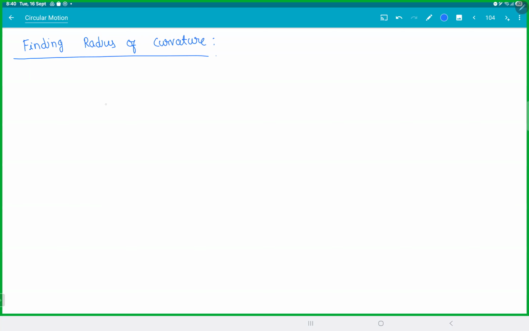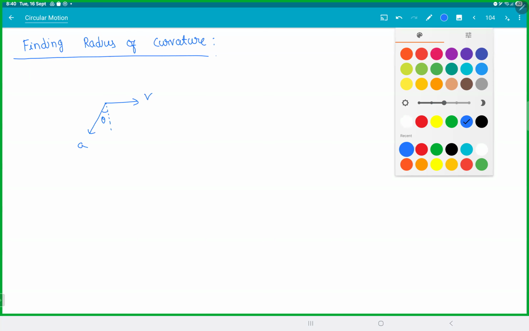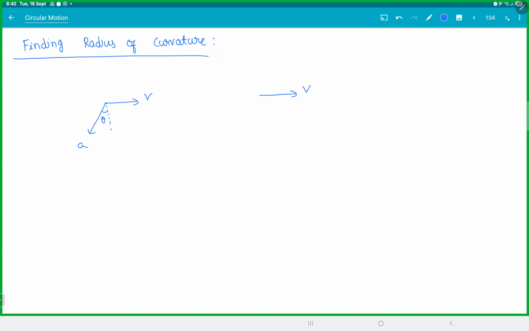Let's say a particle has velocity v and acceleration a in some random direction. If this angle is theta, you can resolve this into two parts. Keep the velocity as it is and resolve the acceleration. This will be a cos theta, which is perpendicular to the velocity. This is your a sine theta, which is parallel or anti-parallel to the velocity.